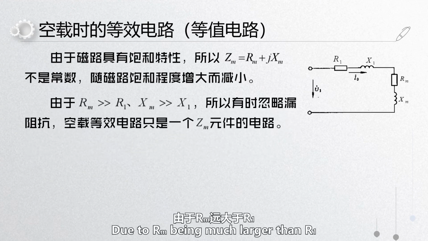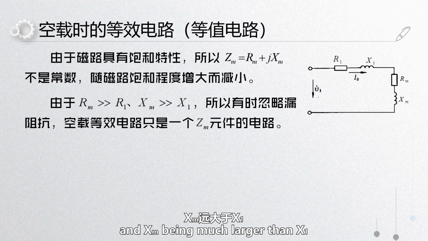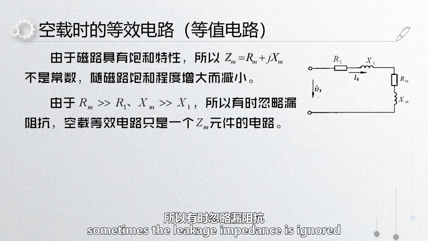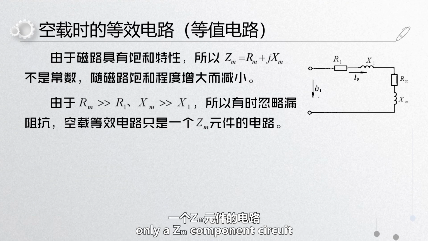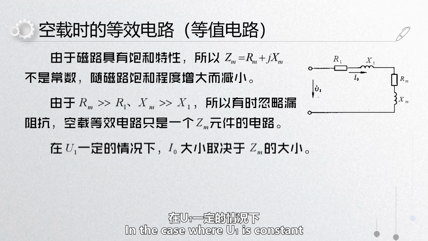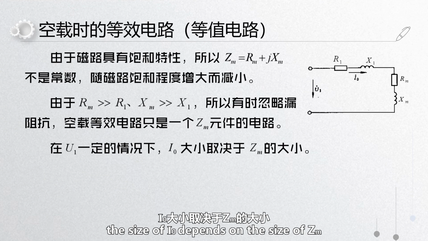Due to Rm being much larger than R1 and Xm being much larger than X1, sometimes the leakage impedance is ignored and the no-load equivalent circuit is only a Zm component circuit. In the case where U1 is constant, the size of I0 depends on the size of Zm.